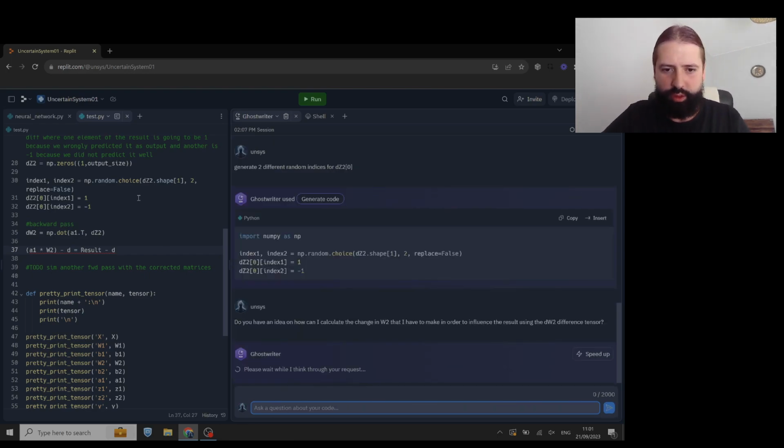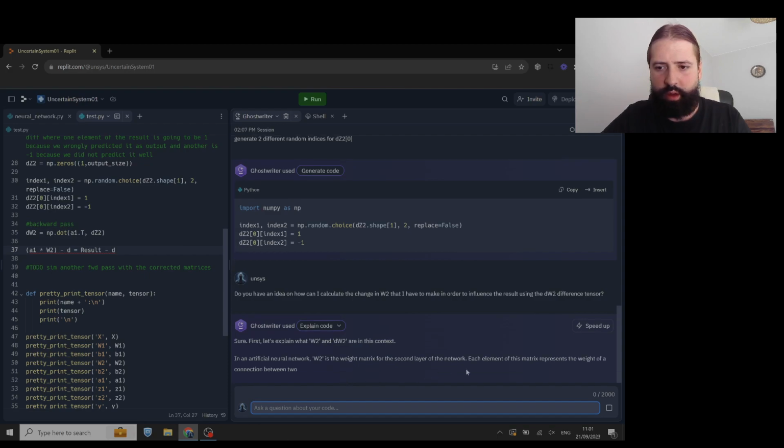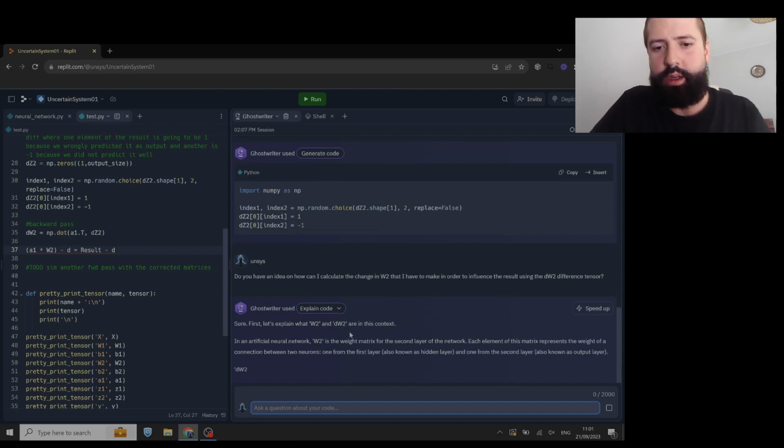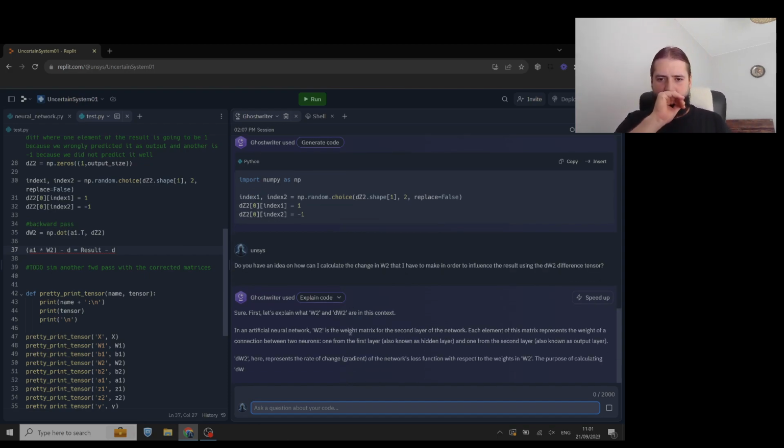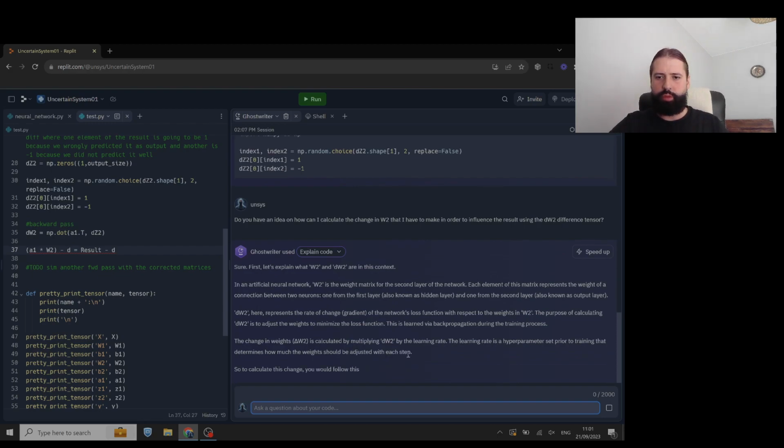Probably makes no sense for Ghostwriter at all. Take a layer, a gradient. Change in weight is calculated by multiplying dW2 by the learning rate.